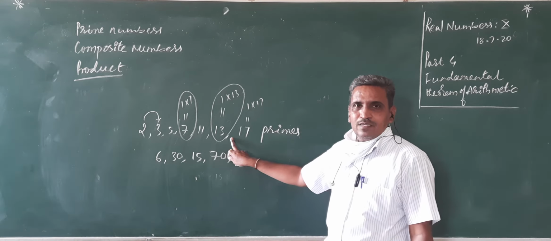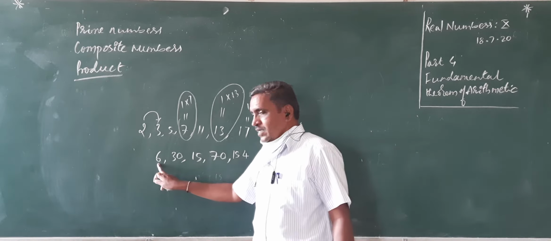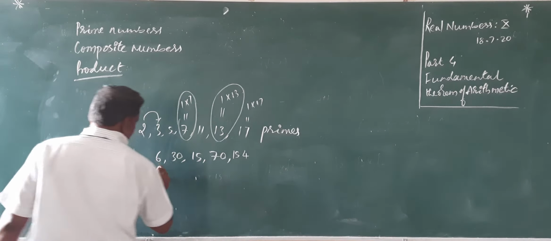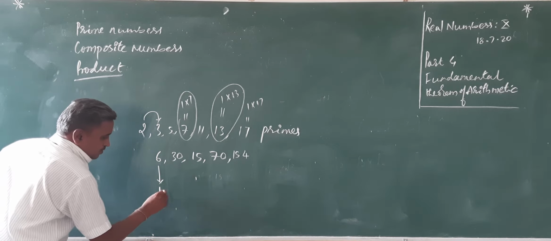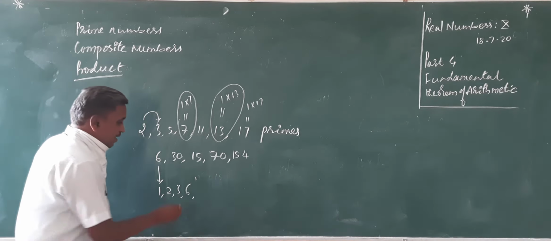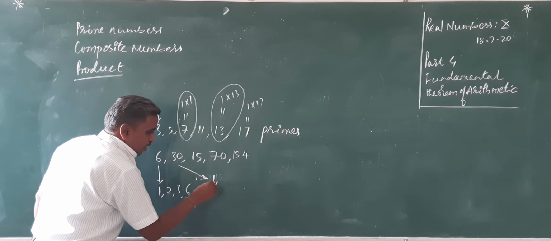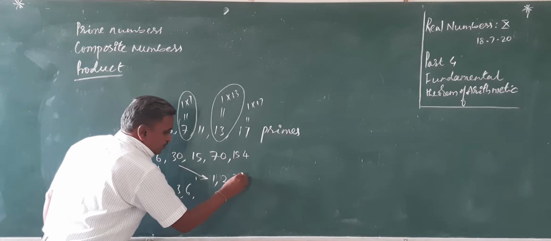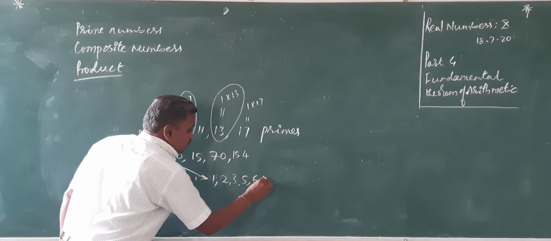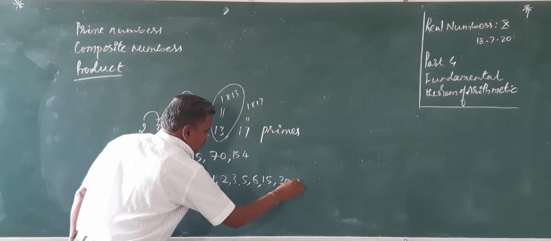Understand? So here, the factors of 6 are 1, 2, 3 and 6. And the factors of 30 are 1, 2, 3, 5, 6, 10, 15 and 30.